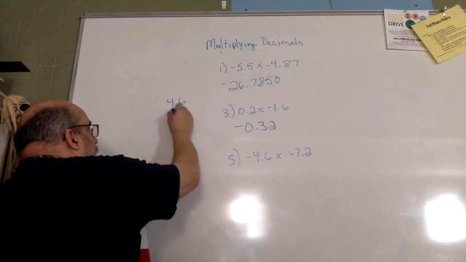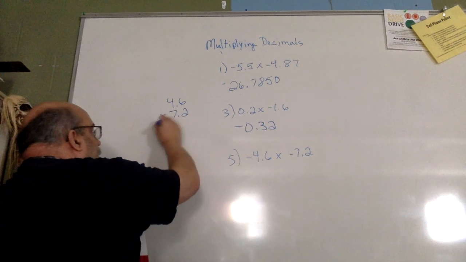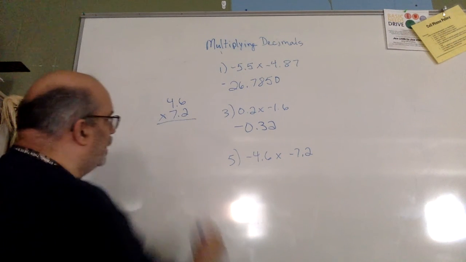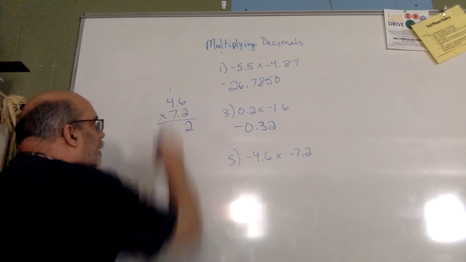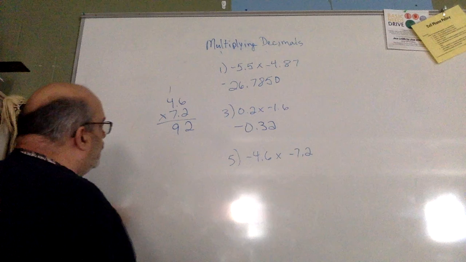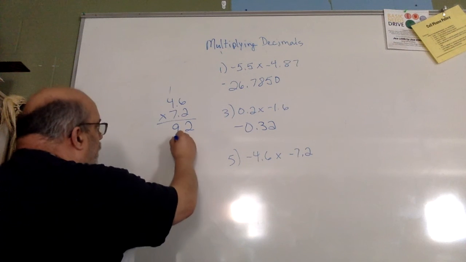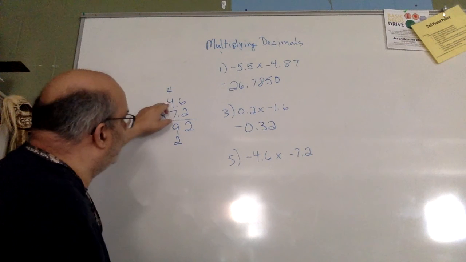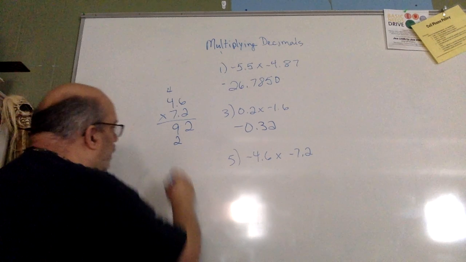4.6, 7.2. Decimals lined up. 2 times 6 is 12. 2 times 4 is 8, plus 1 is 9. 7 times 6 is 42. Carry the 4. 7 times 4 is 28, plus 4 is 32.